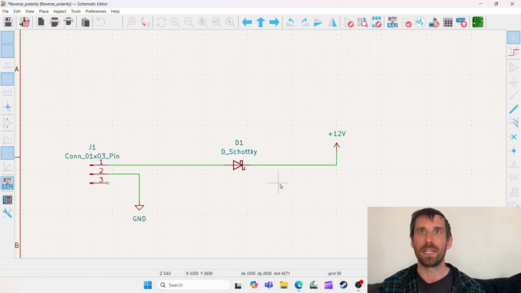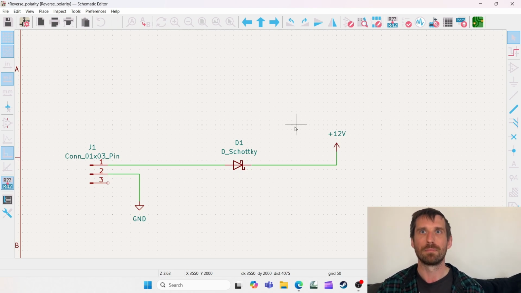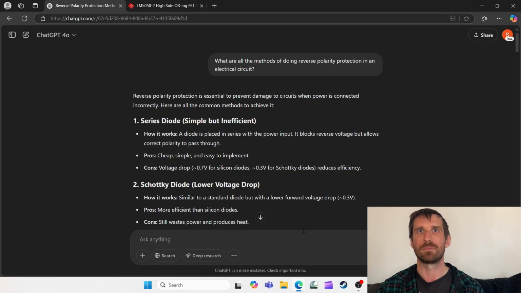For your very green entry-level people, the difference is this has the squigglies right here, and it's constructed a little bit differently, but we don't have to worry about that part. You can get them, and they're easily available. No big deal. Pros: more efficient than silicon diodes. Yes. Still wastes power and produces heat. True.